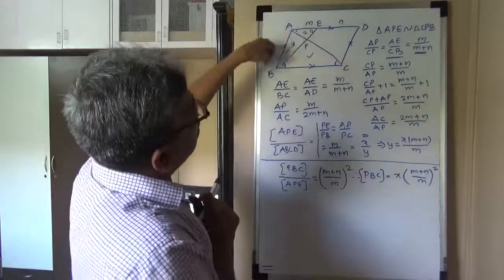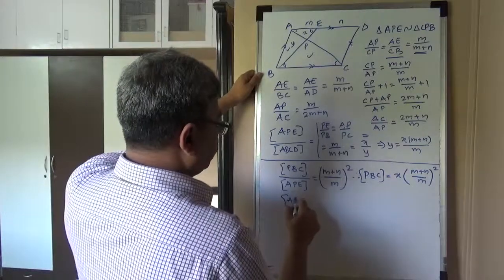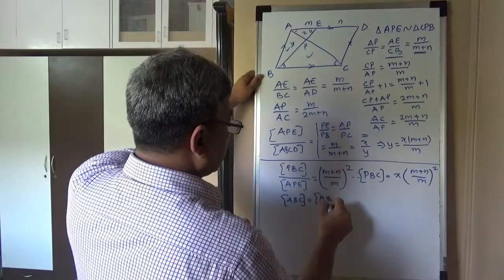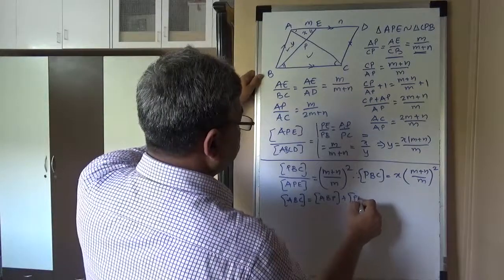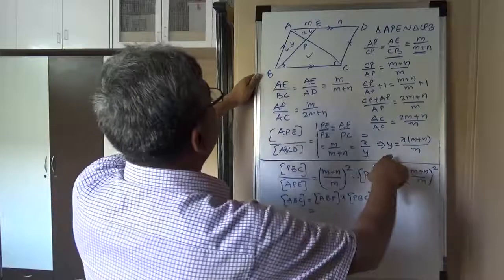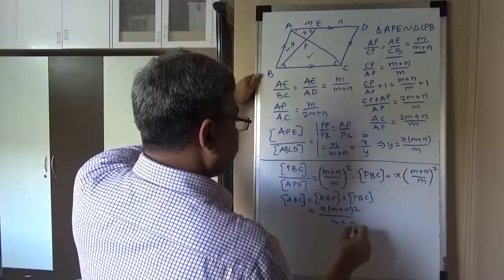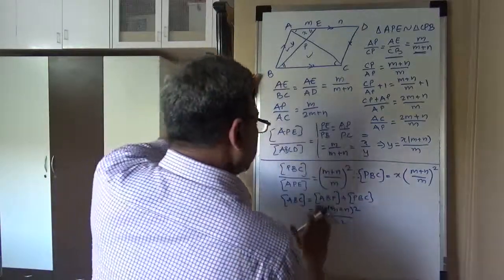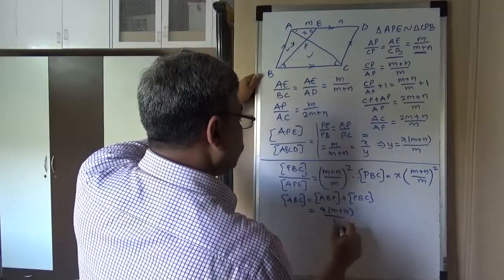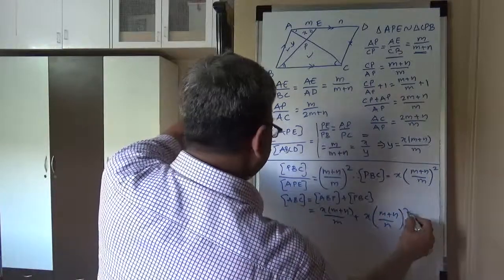Now if you observe, ABC is half of the parallelogram, therefore area of ABC is equal to area of ABP plus area of PBC. Area of ABP is Y, which is X into M plus N upon M, plus this area X into M plus N upon M bracket squared.